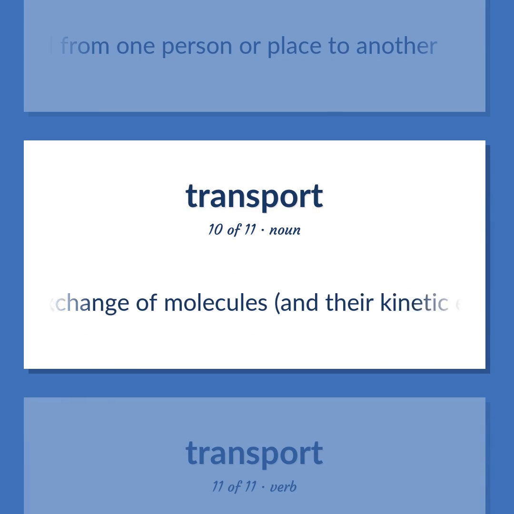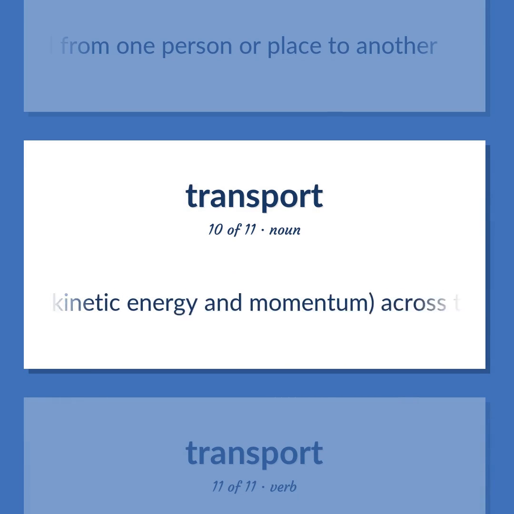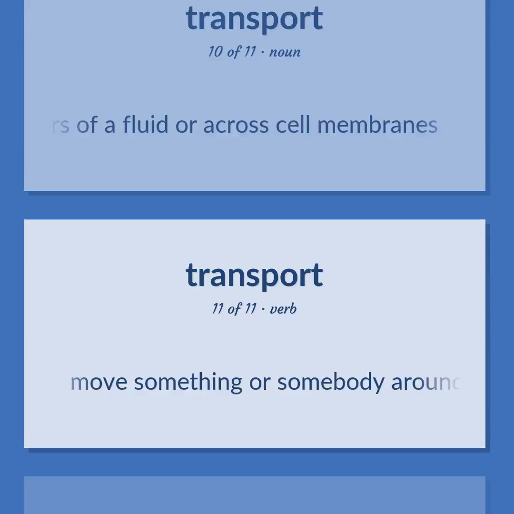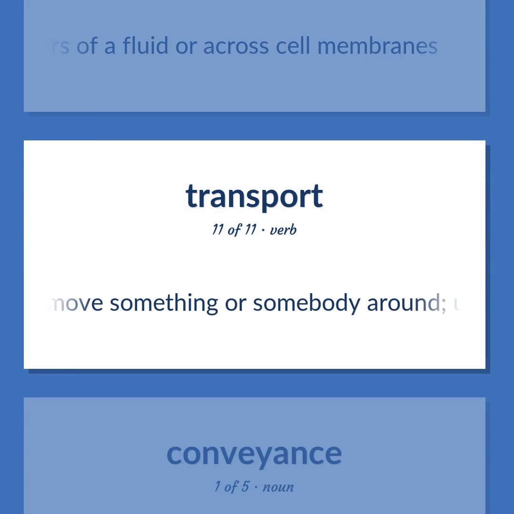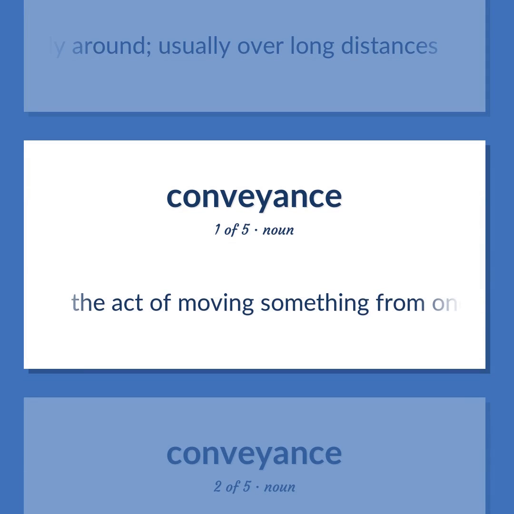An exchange of molecules, and their kinetic energy and momentum, across the boundary between adjacent layers of a fluid or across cell membranes. Move something or somebody around, usually over long distances. The act of moving something from one location to another.